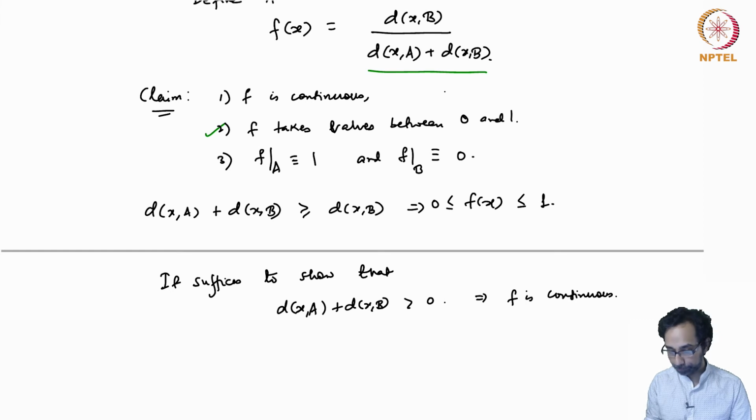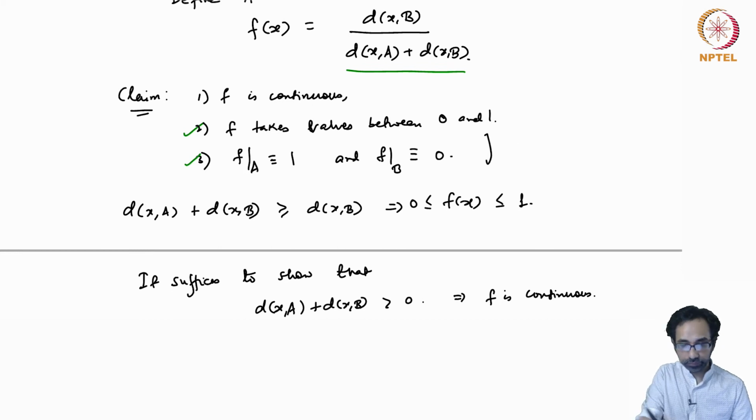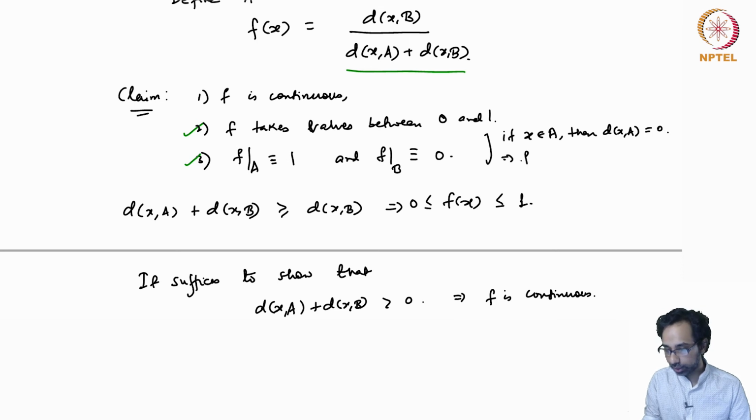On the other hand, it is also easy to check the third part. This is because if x belongs to A, then d(x,A) is equal to 0, and this implies that f(x) is equal to d(x,B) by d(x,B), and this is equal to 1, provided we know that this is strictly positive.